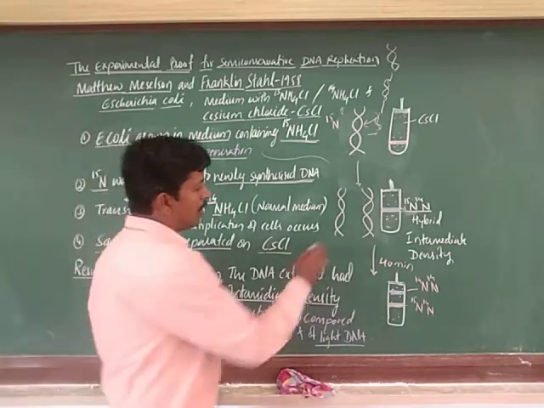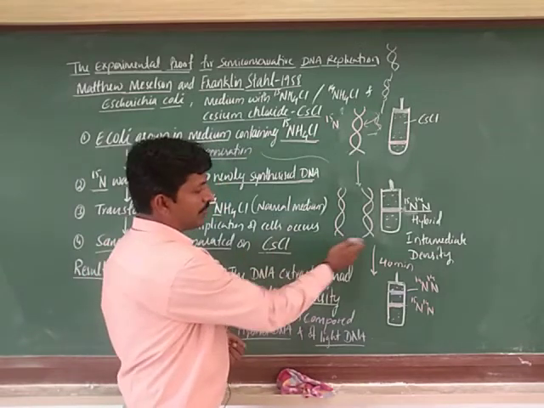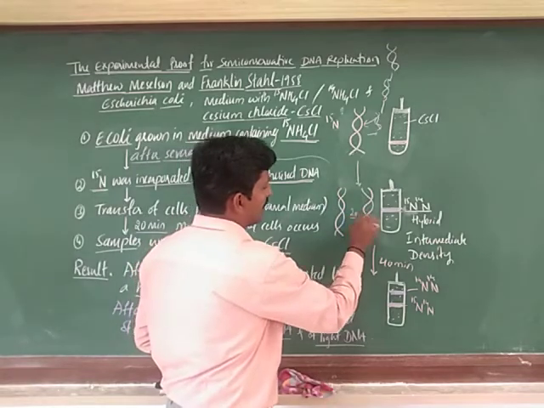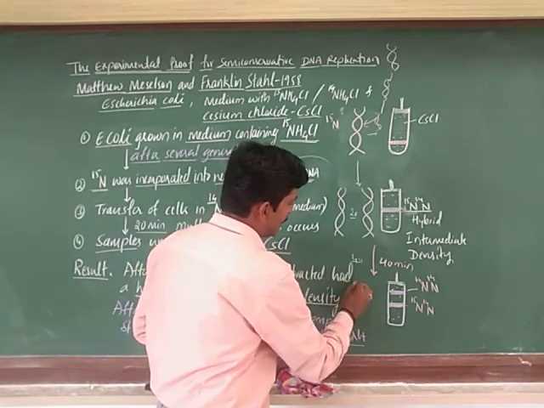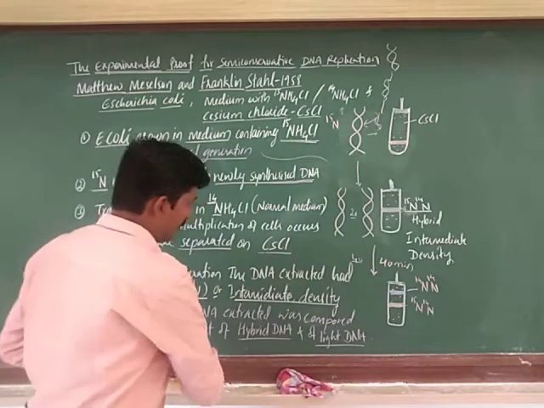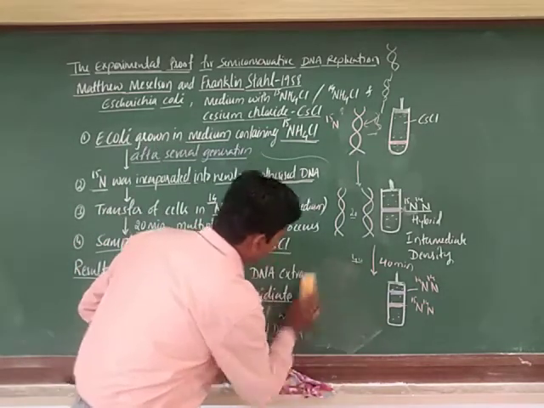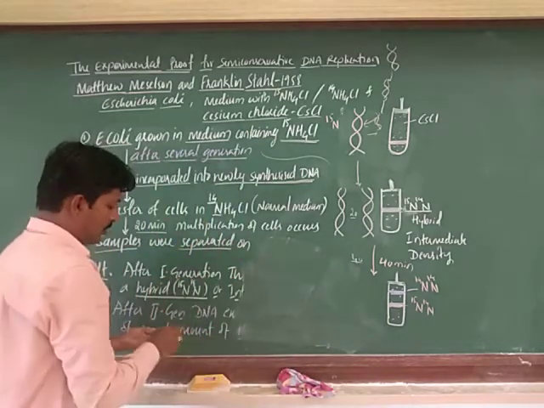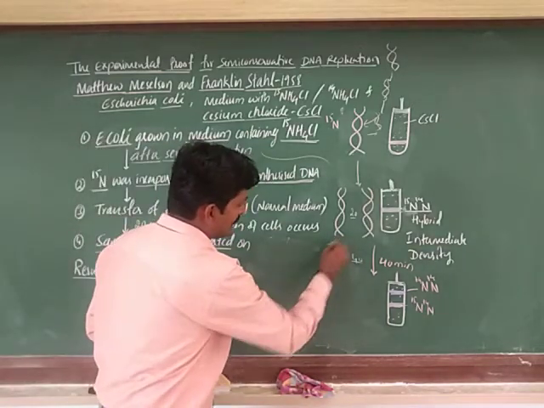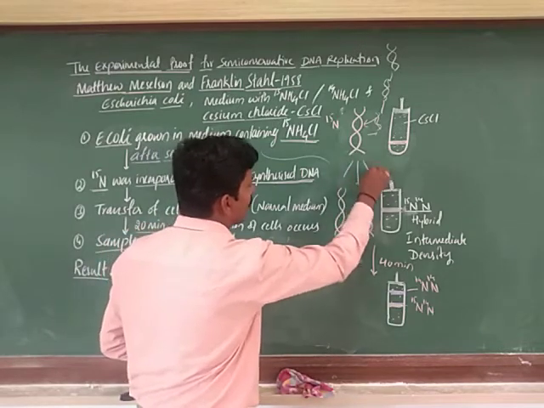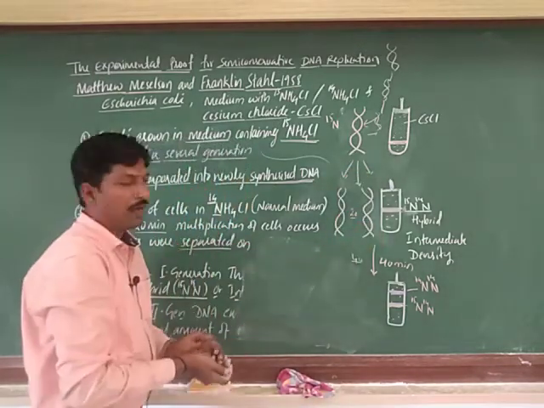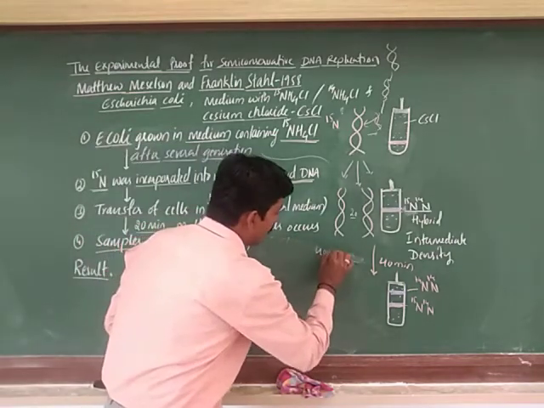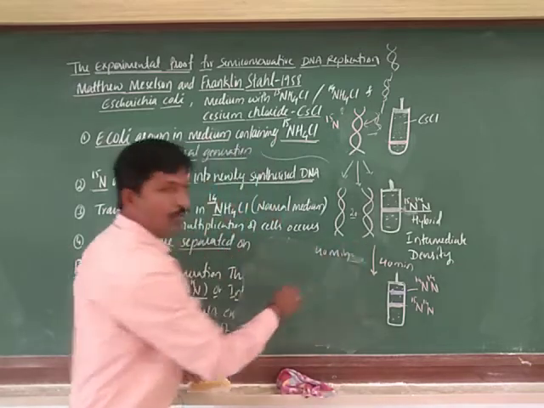See, again in normal conditions, if they are allowed another 20 minutes, after 40 minutes what happens here? There are 4 strands formed. I will take a little more space here. These again form 2 daughter DNA after 20 minutes, and after 40 minutes these strands become 4, right.